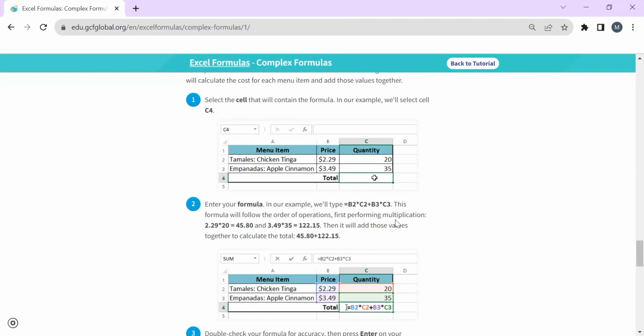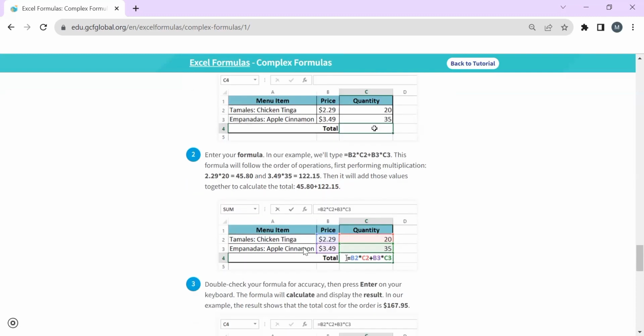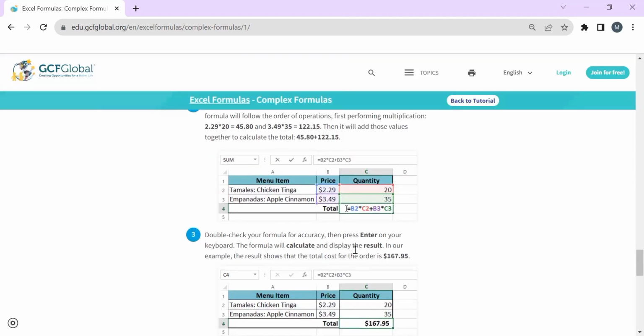First, performing multiplication: 2.29 multiplied by 20 is equal to 45.80, and 3.49 multiplied by 35, we will get 122.15. Then it would add those values together to calculate the total of 167.95.